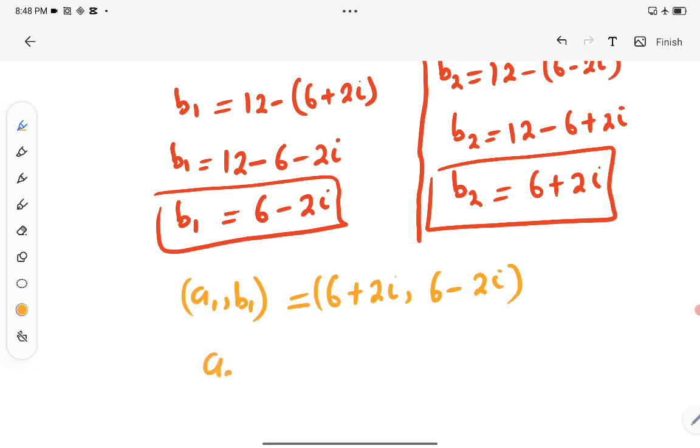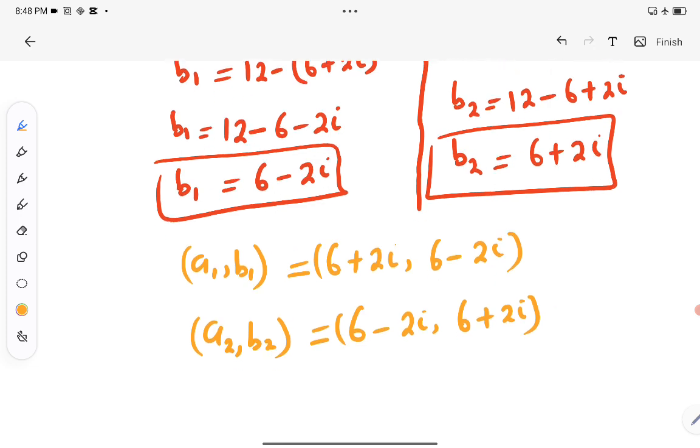Then A2, B2 is equal to 6 minus 2I, 6 plus 2I. Then you can see that the value of A1 here is equal to the value of B2 here, and the value of B1 here is equal to the value of A2 here.